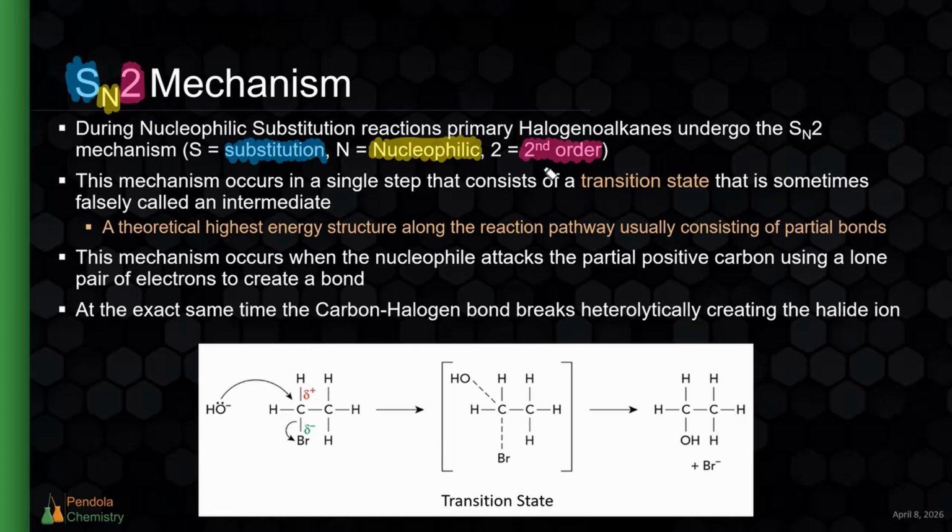However, we do not look at orders, second order, first order, until we get to A-level chemistry. So right now, just know that the 2 means second order, but you don't need to know what second order means itself. All right? So the mechanism for an SN2 substitution consists of a single step.